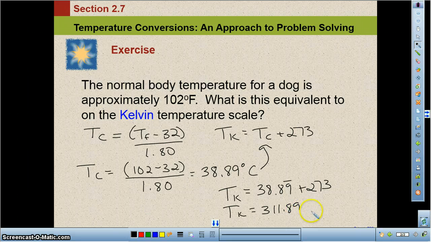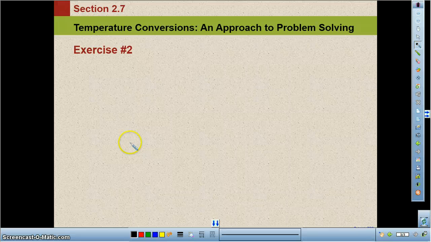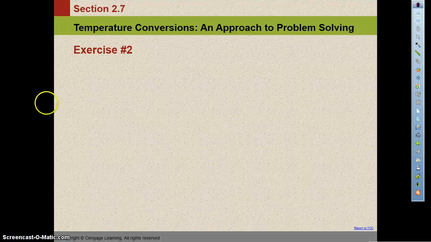Now if we're doing sig figs, we're going to look back at our original problem, which is 102. That's three significant figures. So we want to take three significant figures out of this answer. So 1, 2, 3, we look at this. Is it 5 or larger? Yes, it is. So we're going to round that to 312 Kelvin. We don't put a degree sign, we just call it 312 Kelvin. And we're going to look at exercise number 2 next.